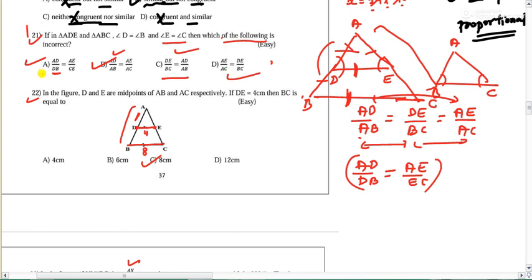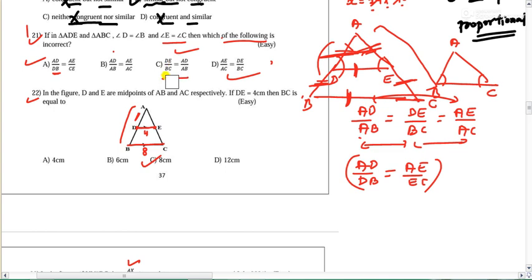What is it? Again, let's check. AD by DB, small side, DB small side. Okay, good. AE by CE, even this is fine. Okay, what is option B? AD by AB, AD small side, AB big side. AE small, AC big, even that is fine.